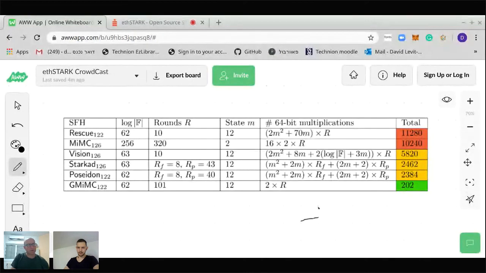So I'd like to jump in and maybe just summarize. Is that okay, David? Yes, thank you. We had this list that you see on the screen, and there were certain security issues, some things that were not entirely clear with GMiMC and Poseidon.